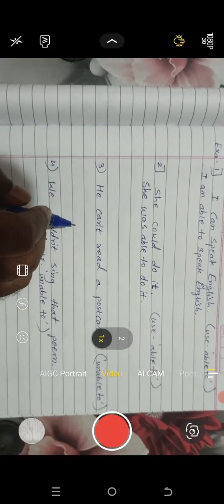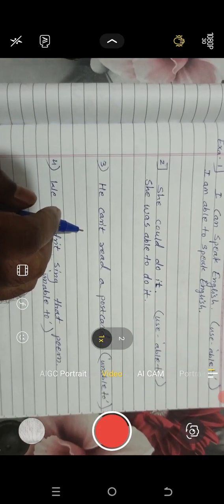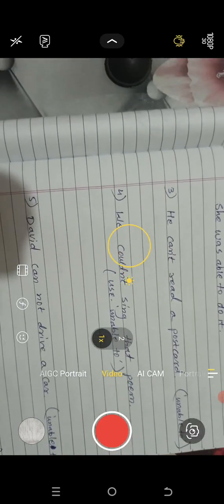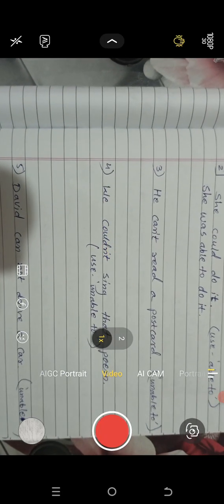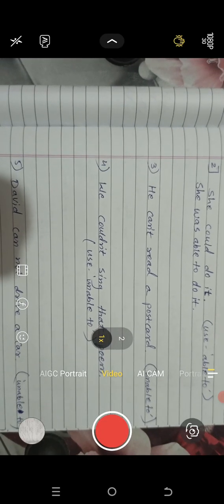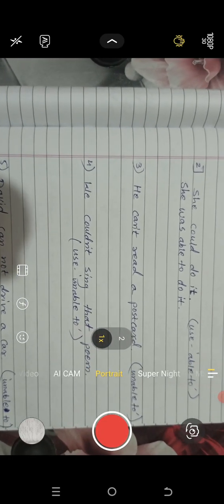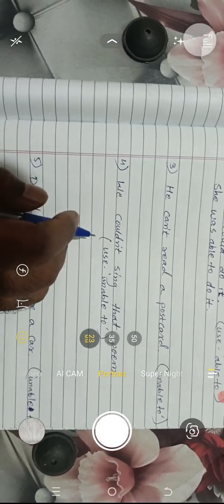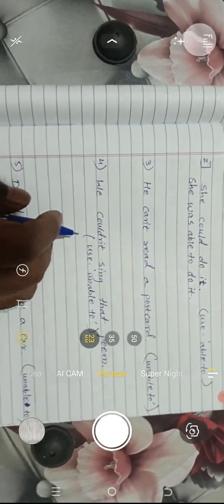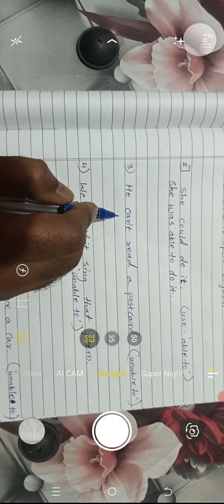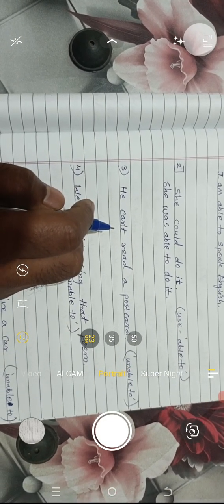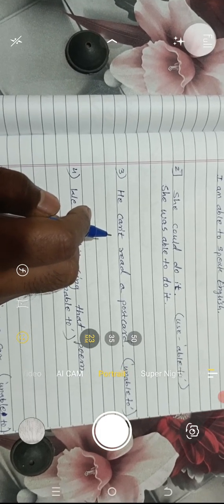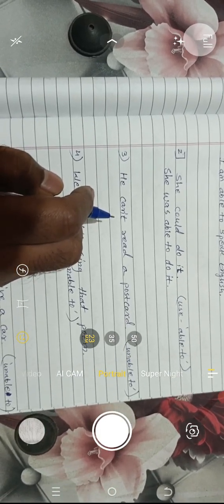Here is one more example. He can't read a postcard. Here students, cannot is used in the sentence, and there is also a suggestion given in the bracket: use unable to.